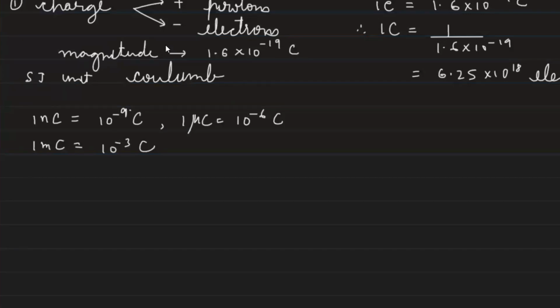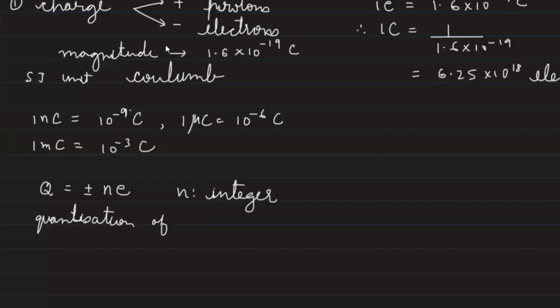Another point that you need to know is the amount of charge is equal to plus minus NE, where N is integer. And this is also called quantization of charge. It means that charge can only be an integer multiple of charge of an electron.